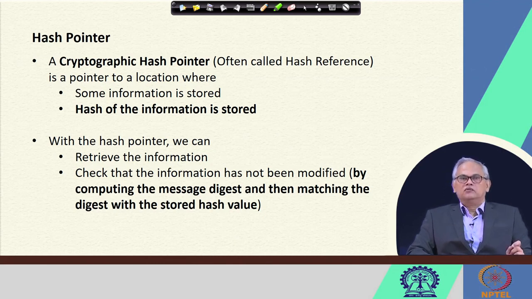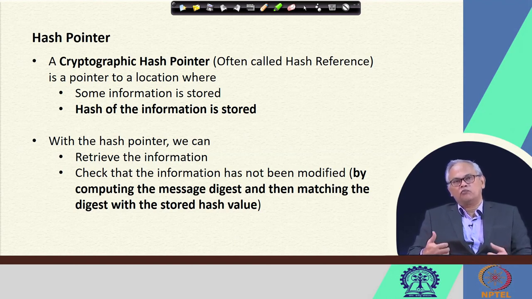That is the first part of the definition of a cryptographic hash pointer. Of course, any pointer, as we know, points to a particular location, maybe in memory, where something is stored. So, of course, a cryptographic hash pointer in essence is a pointer in the first place.